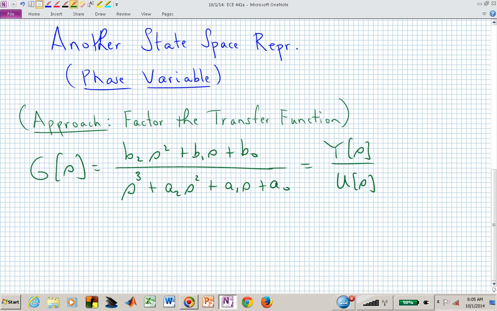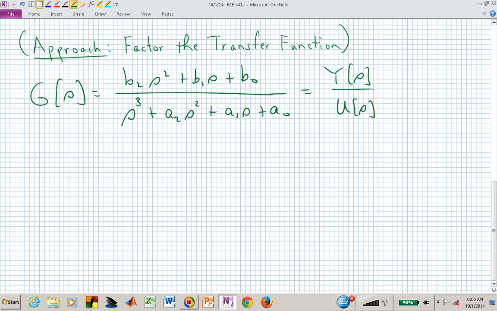This new technique for finding the state space is based on a factoring of y over u. We are going to introduce a new auxiliary or intermediate variable, meaning we are now going to write this transfer function as two ratios, y over w, and if we introduce a w downstairs, we need to introduce the w upstairs.